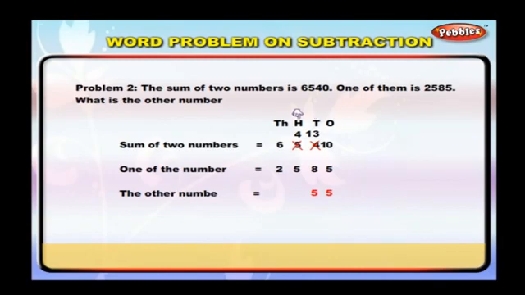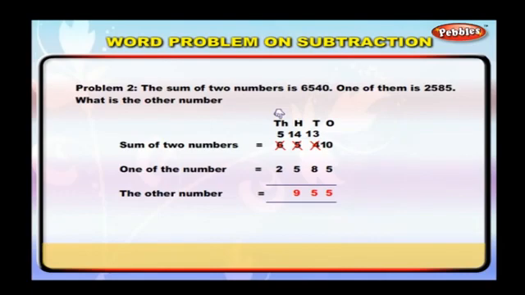Subtract hundreds. In the hundreds column of the greater number, you have only 4. You cannot deduct 5 from 4. Therefore, borrow 1 from the thousands column. Now you get 14. 14 minus 5 is equal to 9. Write 9 below the hundreds column. Now subtract thousands column.